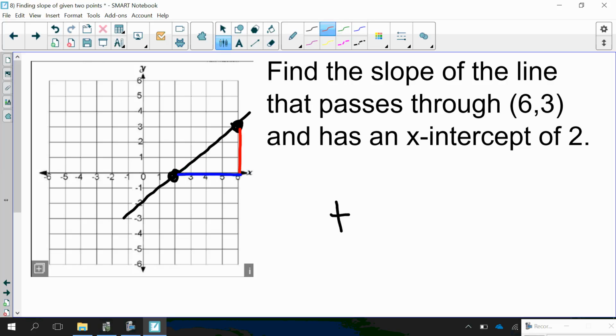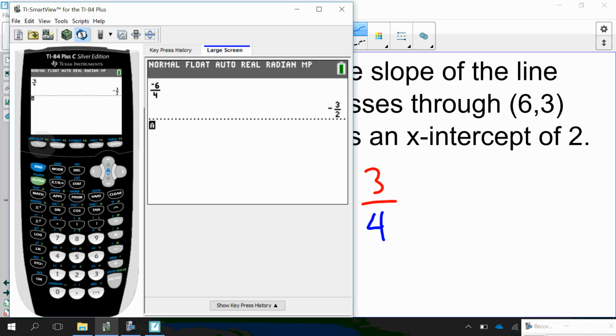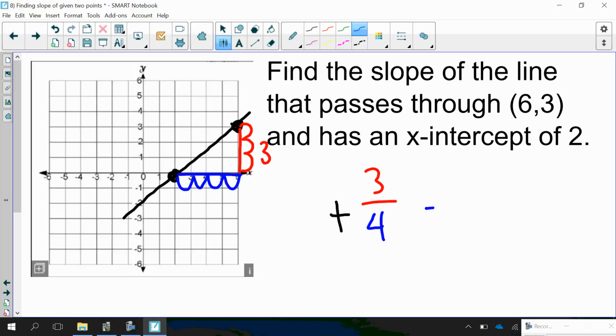Let's count my rise. 1, 2, 3 loopties. And my run. 1, 2, 3, 4 loopties. We can put this in the calculator to make sure it cannot reduce. I get 3/4 back out, so my slope is 3/4.